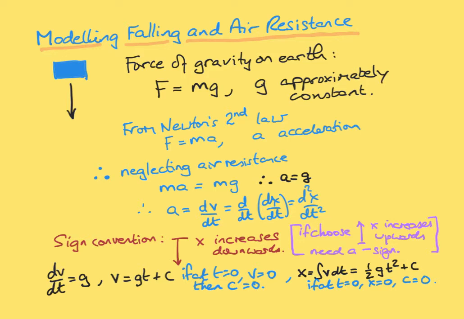So we have the constant acceleration equation that s is ut plus 1/2 at squared, where a is equal to g, and we've said that u, the initial velocity, was 0. So that's just a special case of that. Okay, having gone through the basic ideas, on the next slide I'm going to add air resistance.